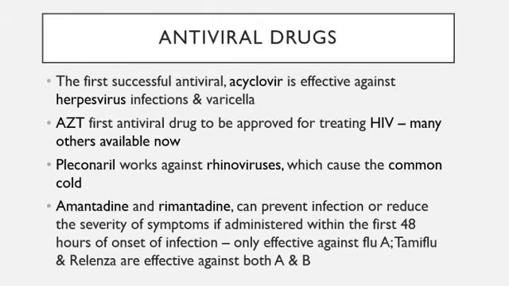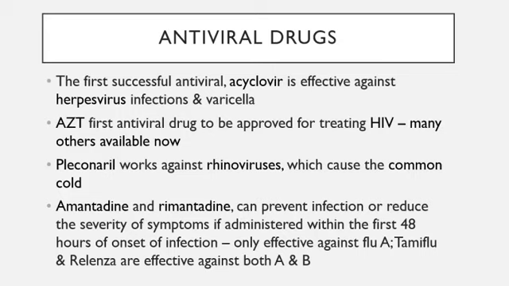The last slide and information that we need to talk about is antiviral drugs. The first successful antiviral is acyclovir, which is effective against herpes virus infections and varicella. AZT is the first antiviral drug to be approved to treat HIV, but many others are available now.